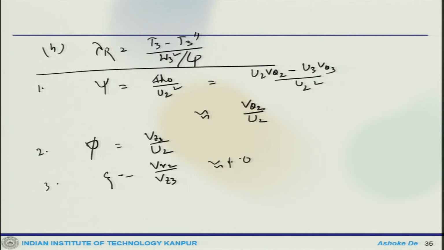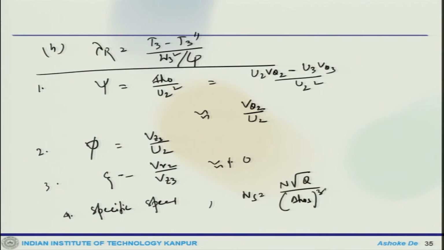The specific speed was applied almost exclusively to incompressible flow machines, and is defined as N Q to the power half by delta H naught s to the power 3 by 4. This Q is the volume flow rate at the outlet. So, one can have some recommended design practice.